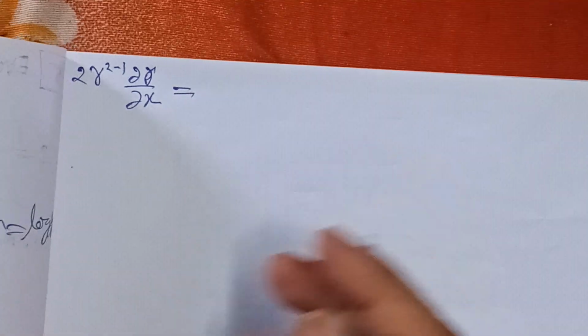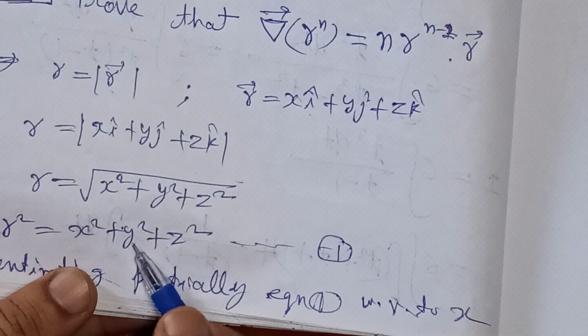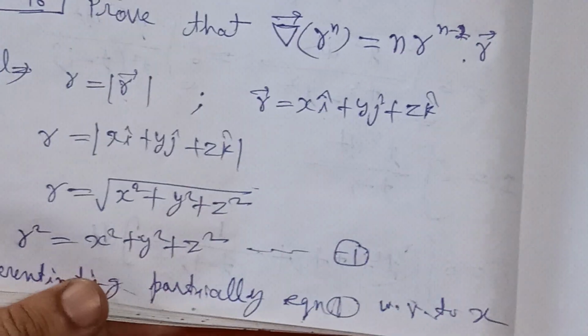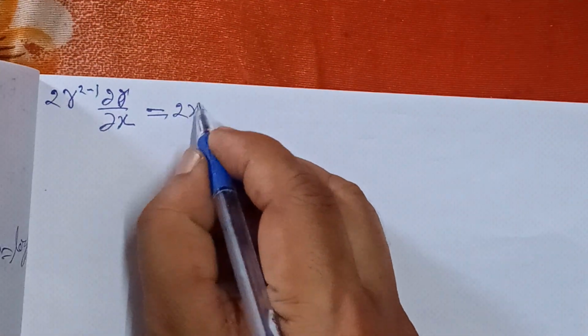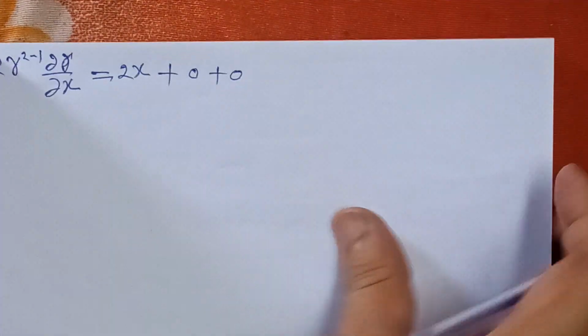On the right hand side, y and z are constant because it is partial differentiation, so differentiate only x square, which is equal to 2x, but the differentiation of y square and z square is 0.